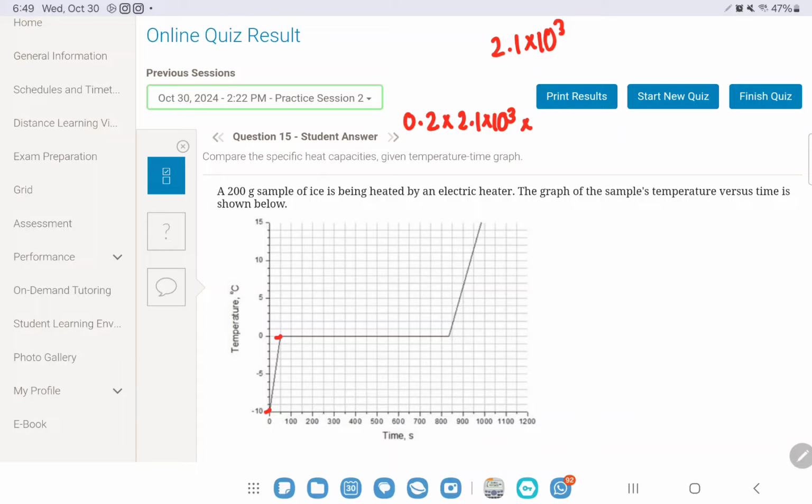So yeah, which is 10, equals Q. Now let me put it. You're going to get 4,200. Okay?